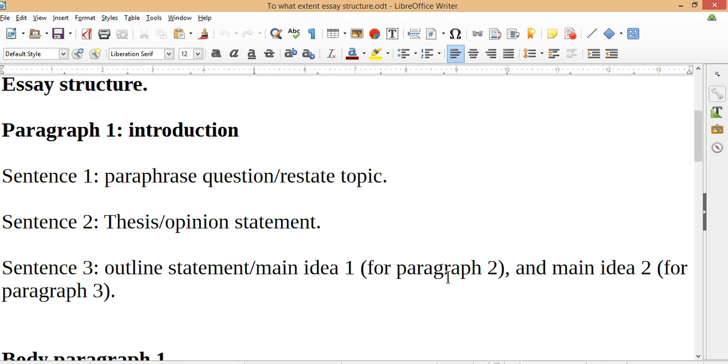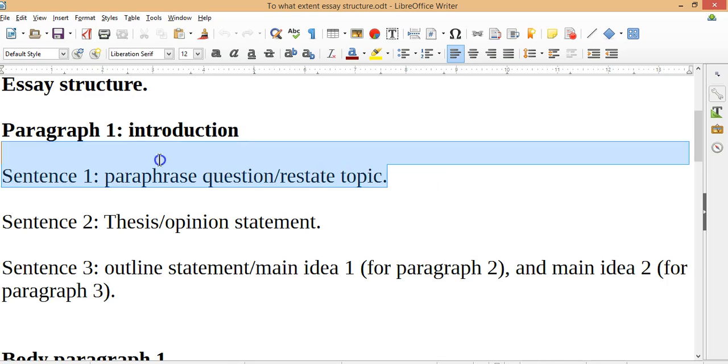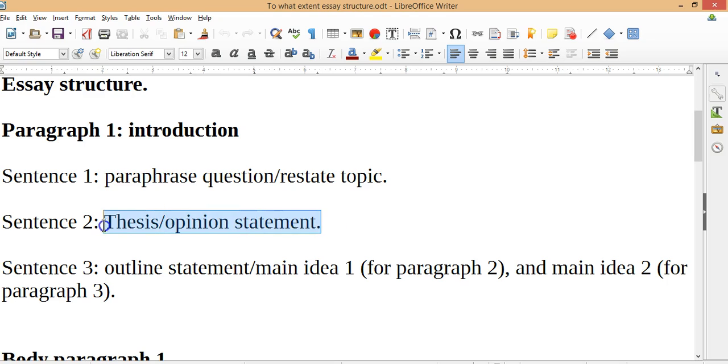accordingly, you know? So, having a structure, having a clearly laid out set of ideas is good for you because it helps you to write and write faster, and it helps the examiner to understand. So let's have a look at the structure once again. Restate the question.